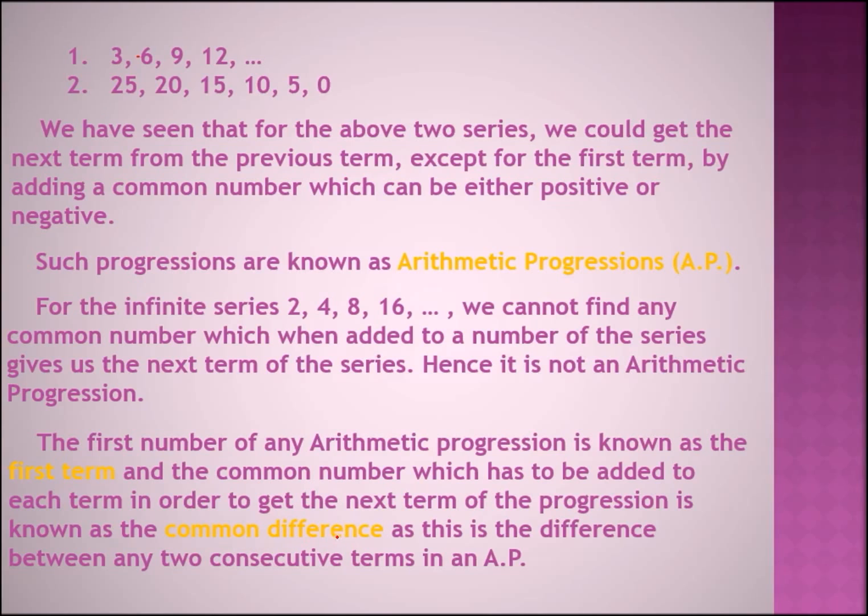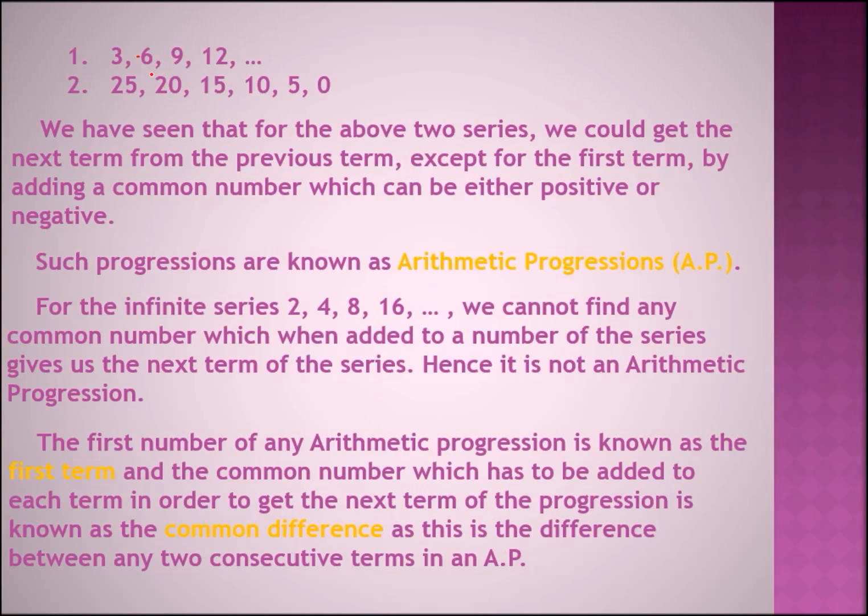Why the common difference? We are seeing the common number is being added, so the difference is not synonymous to addition. Common we do understand because it is the common number. Why is this word difference? Because this is the difference between any two consecutive terms in an AP.